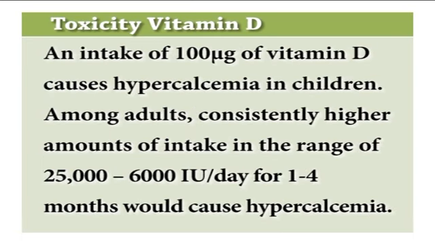Toxicity of vitamin D. An intake of 100 microgram of vitamin D causes hypercalcemia in children. Among adults, constantly higher intake in the range of 25,000 to 6,000 international units per day for 1 to 4 months would cause hypercalcemia.